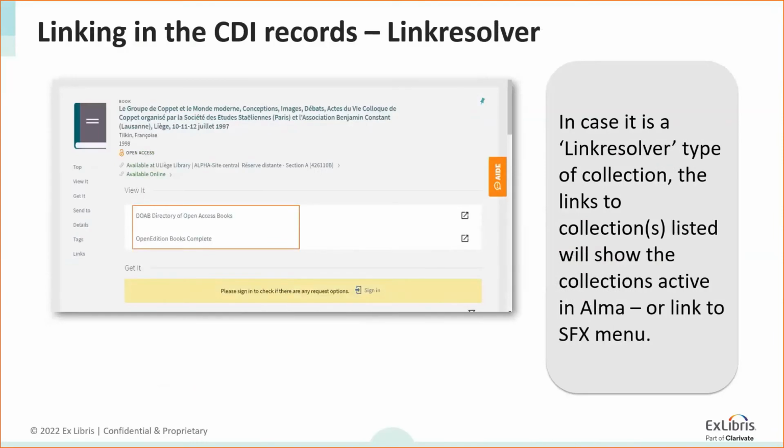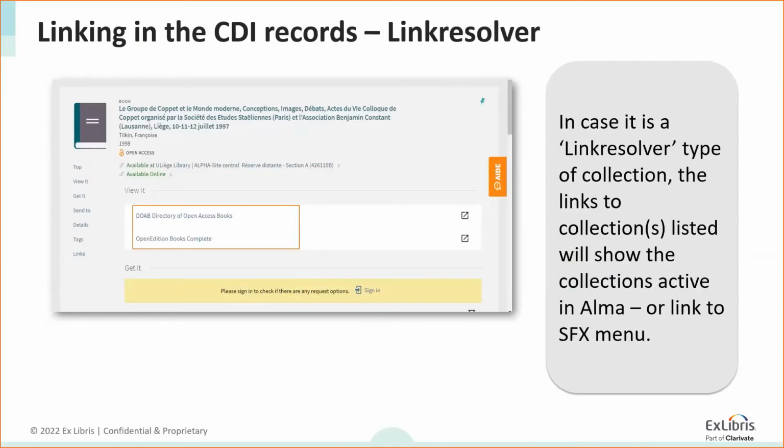And then if we look at a record in CDI that uses the link resolver method, this is an example here. What you see in the view online or in the view it section of your full display is one or more links that come from your link resolver.